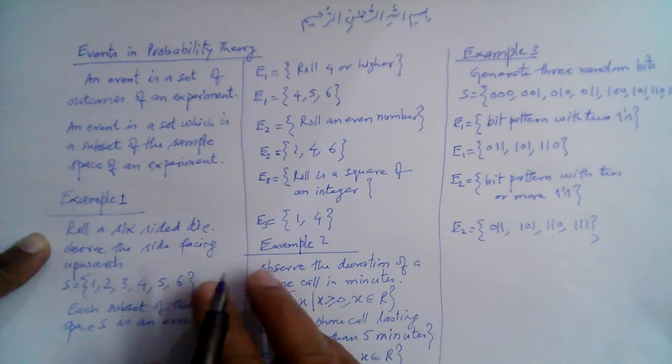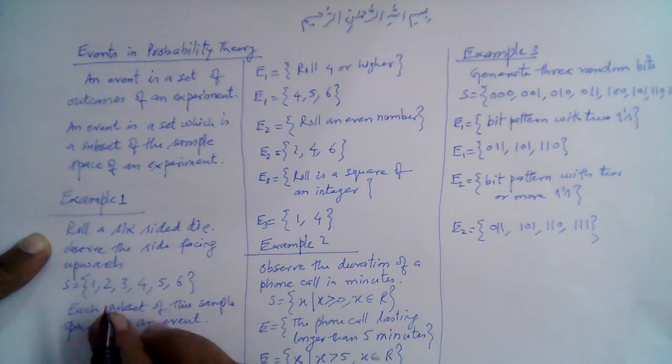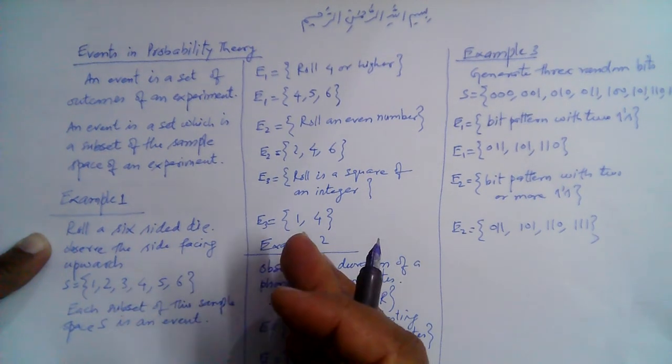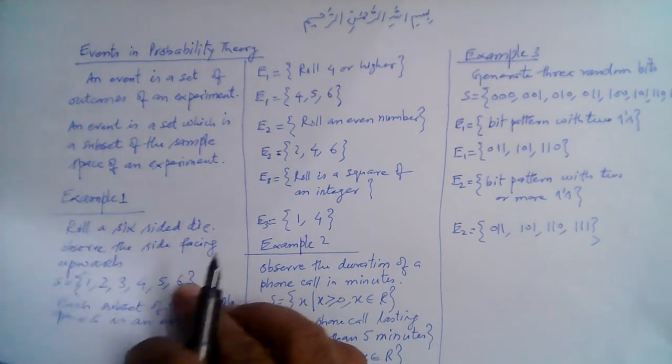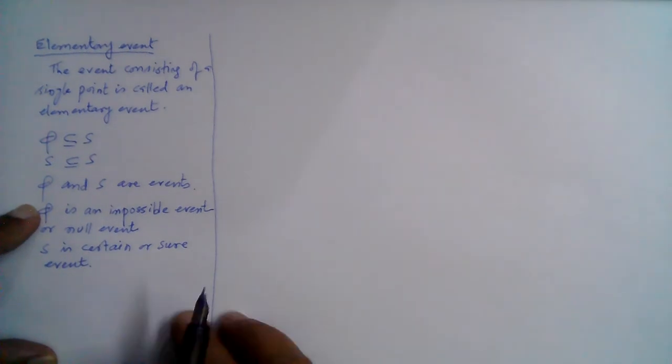And for the sure event, we say that the number is any one of 1, 2, 3, 4, 5, or 6. So this is going to be a sure event. So phi is an impossible event or null event, and S is a certain or sure event.